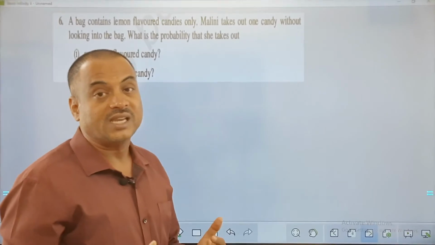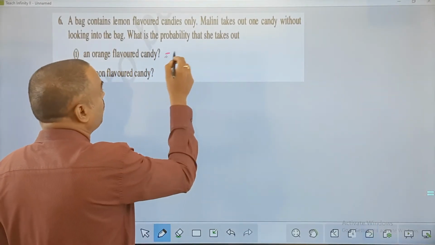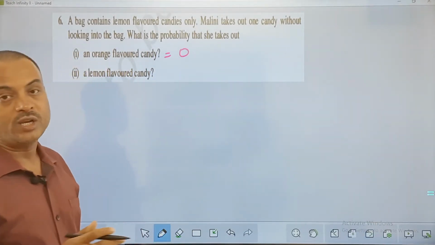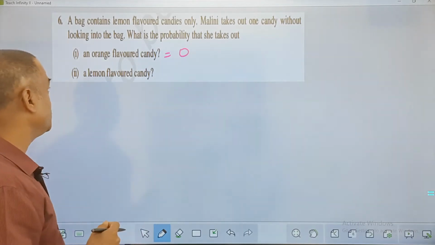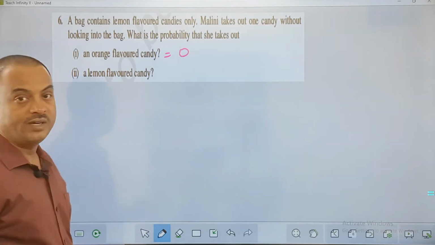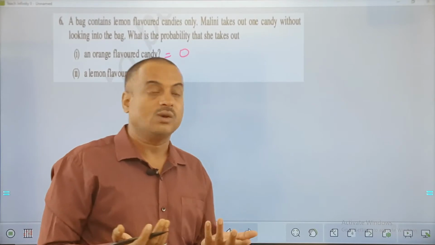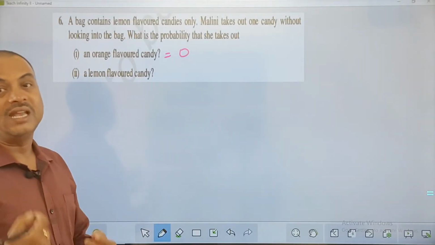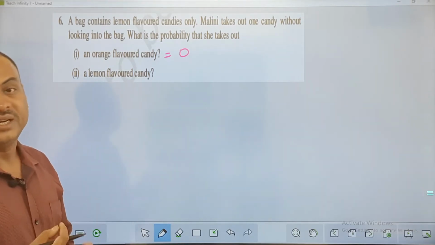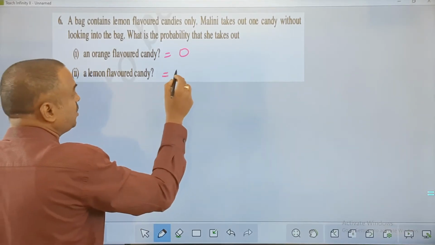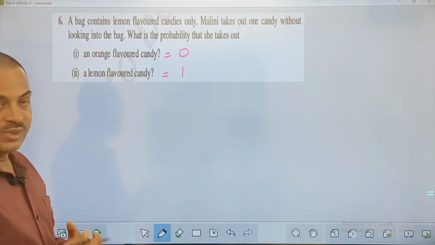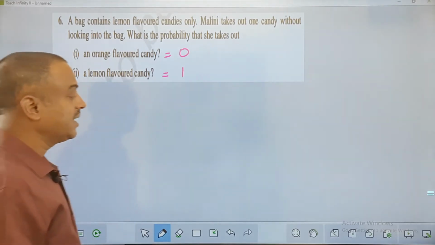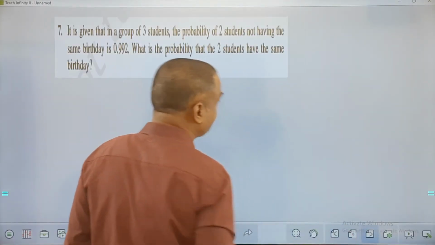So getting an orange candy is a 0 possibility or an impossible event, you can say. 0 is the answer for this. Next, getting a lemon flavored one. All the candies are of lemon flavor only. Any one you draw will definitely be a lemon one. So here this is said to be a certain event.